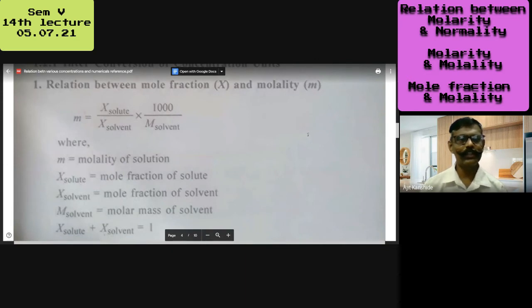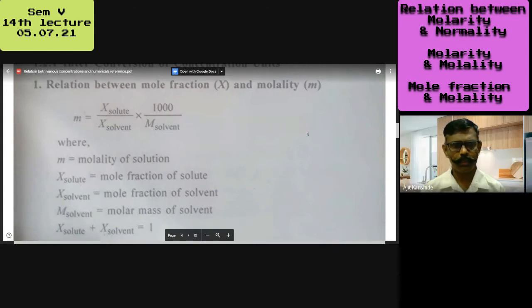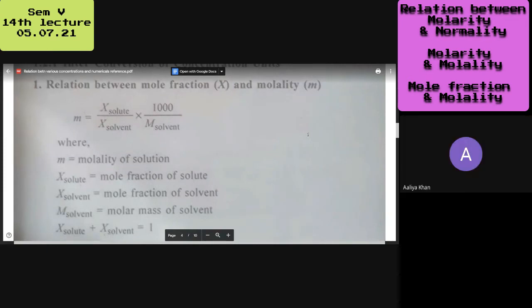You said it is clear. Mole fraction of solute is equal to number of moles of solute divided by number of moles of solvent plus solute. First equation. Then equation 2 is for mole fraction of solvent, equal to number of moles of solvent divided by number of moles of solvent plus solute.